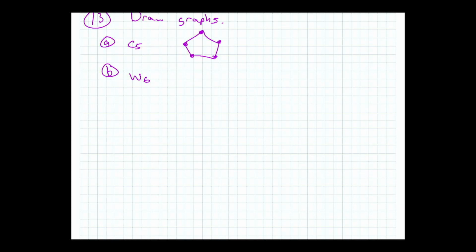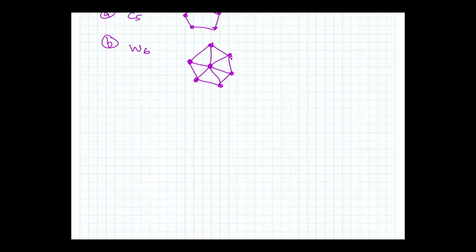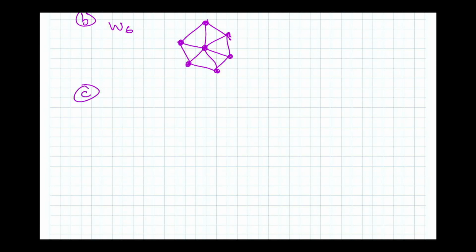So W6 is C6, so 6 vertices, 1, 2, 3, 4, 5, 6, and then an extra one in the middle. So 7. So 6 around the circle, and then a central one, and the central one is connected to all the others. So there you go. I think that's the umbrella logo.